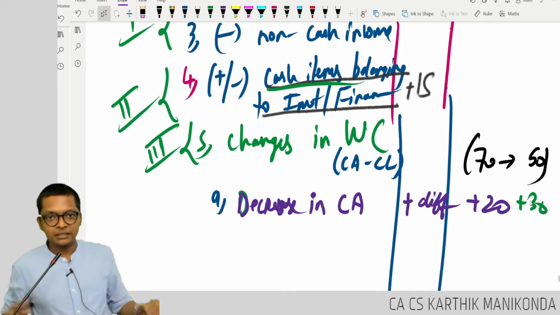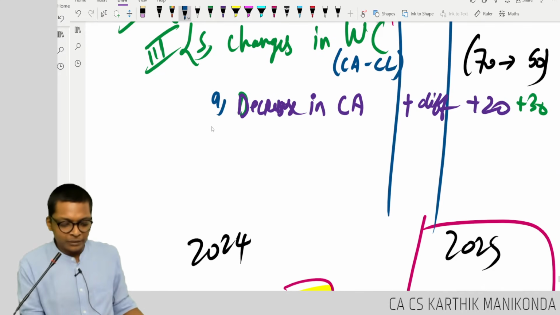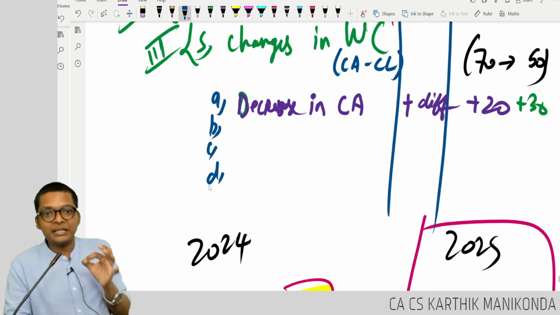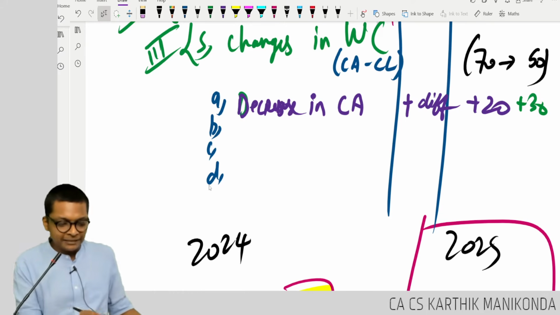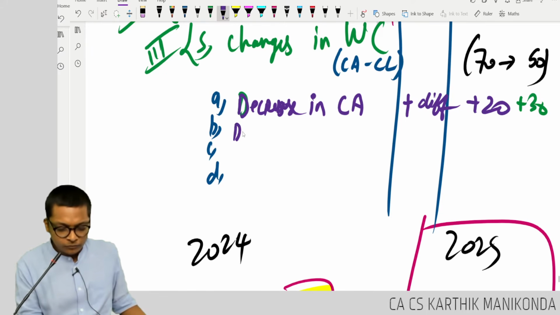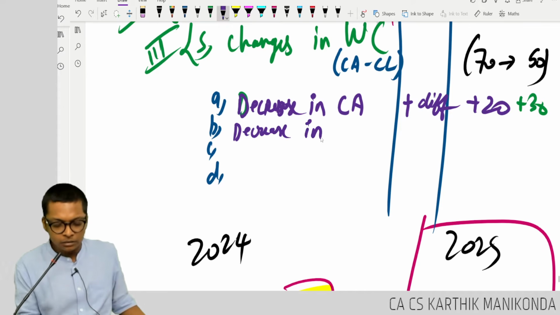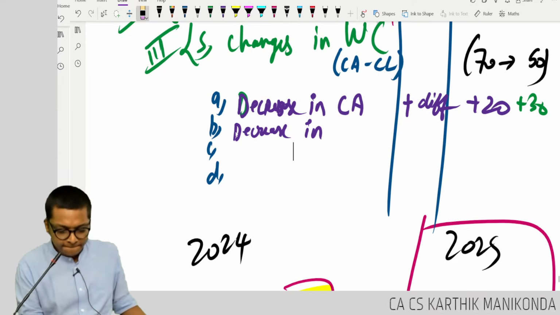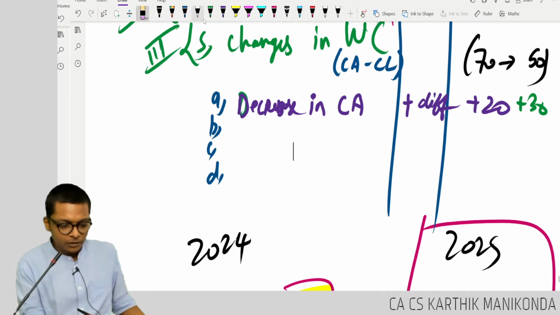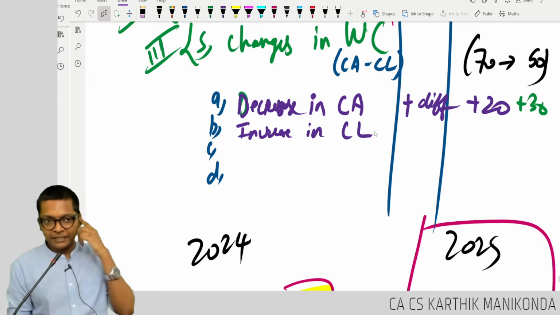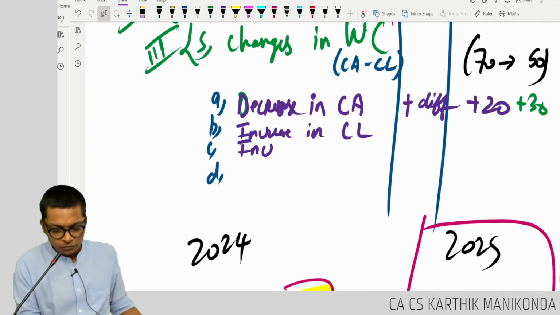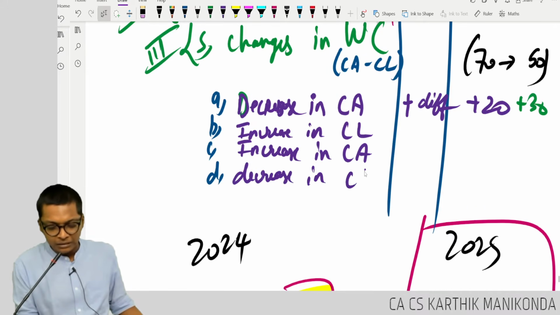Are you following? Next, let me write the next 4 things. You will tell me the values for each. There is a much more detailed concept for each thing. Let me park that aside. The 4 things are going to be decrease in current asset, increase in current liability, increase in current asset, decrease in current liability.